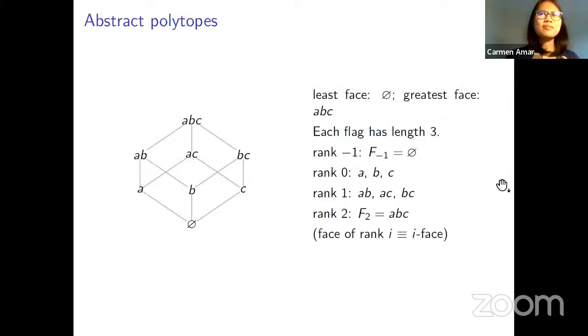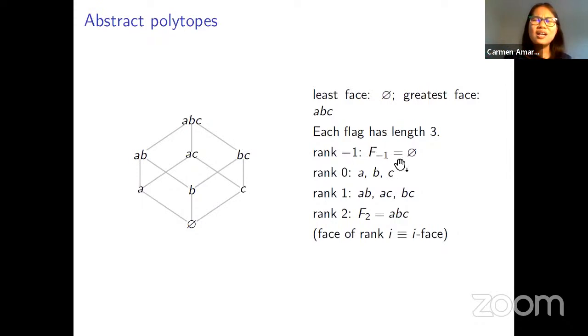So to illustrate, okay, in the triangle, yung ating partially ordered set, yung diagram for the triangle, the least face is the null set. The greatest face is ABC. Each flag has length 3. So you go from here. This is 1, 2, 3. So lahat ng flags may length 3. You can check that for all the other possible chains.